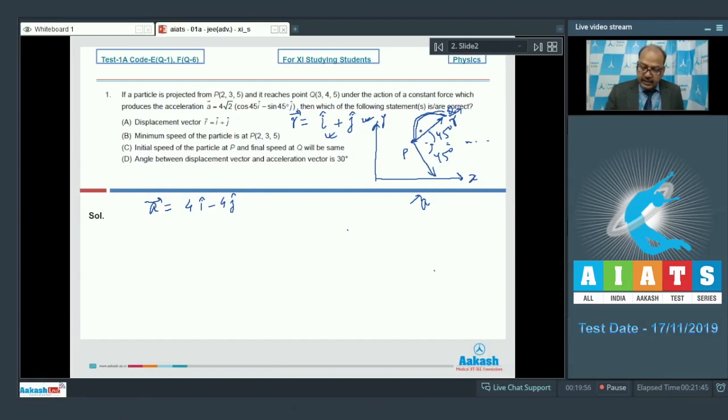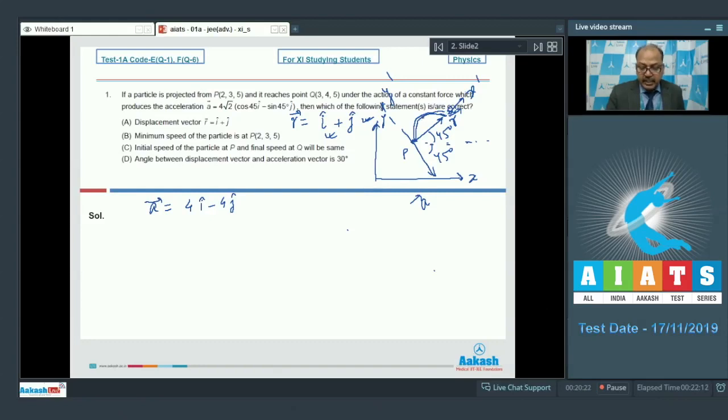It's very clear that as the particle is going away from this R vector, the line of the R vector, which let's call X dash axis, and perpendicular to this in the XY plane is, let's say, Y dash axis. Then as the particle is going away from the X dash axis, speed will be decreasing.